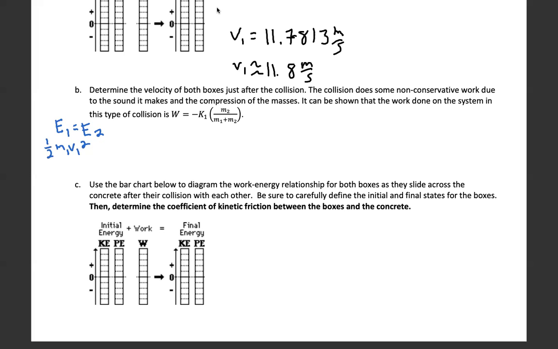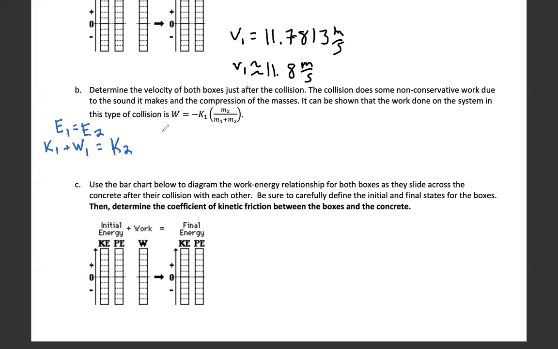Maybe I'm jumping the gun a little bit here. We say E1 is just some kinetic energy, but there's also going to be some work done by that collision, which we'll call work 1. And then afterwards, there's just going to be the kinetic energy after the collision. So we can think about it like this. And then we can say, well, what is this?